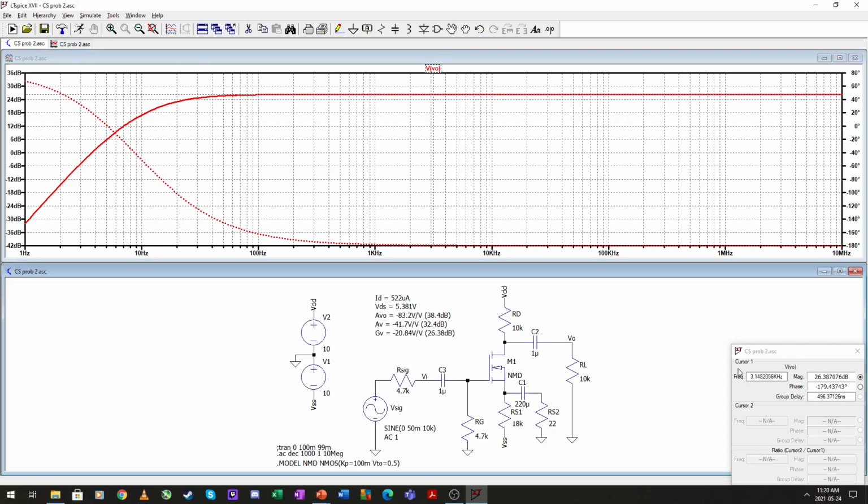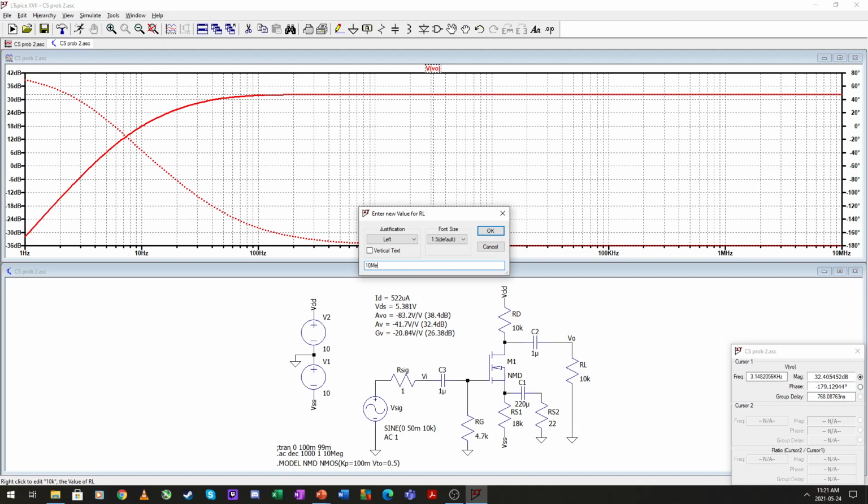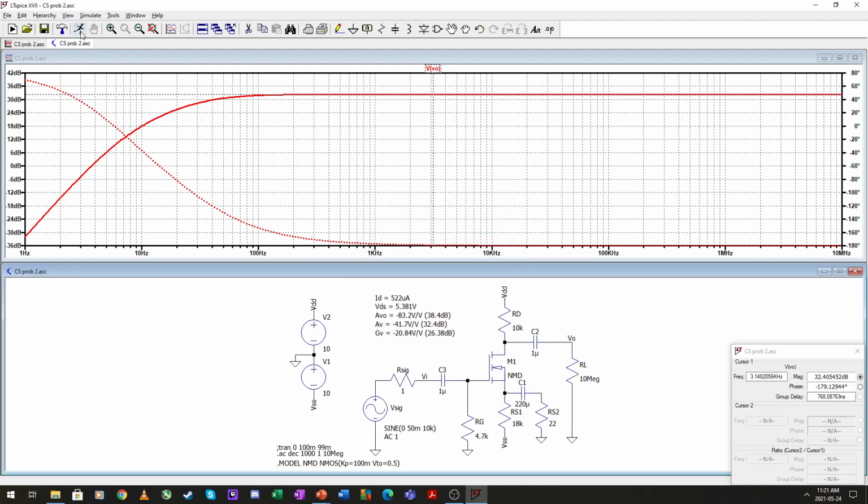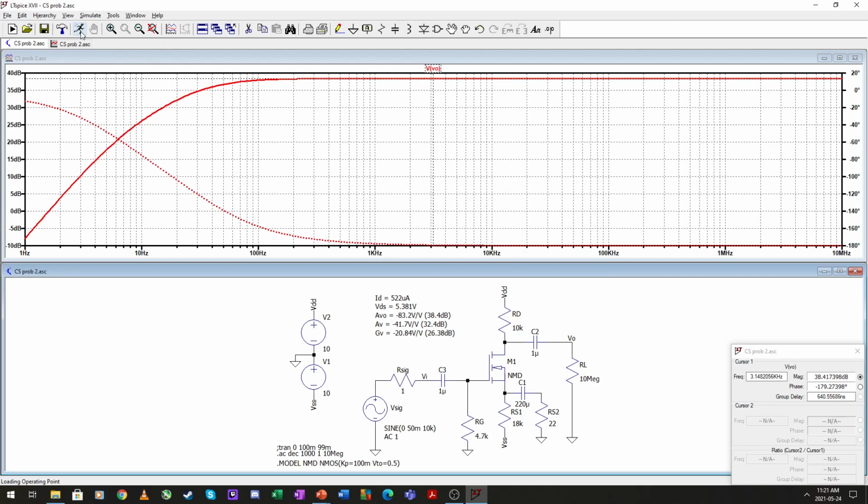It's 26.38, making this 1 ohm, the gain should double, 6 decibels up. Make this 10 meg, the gain should double, 6 decibels up.